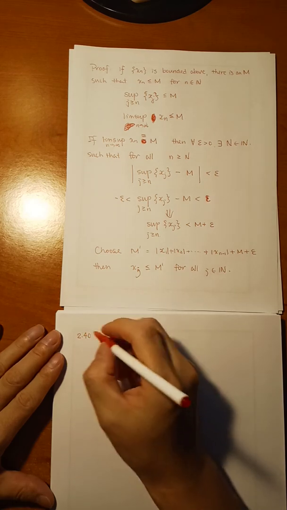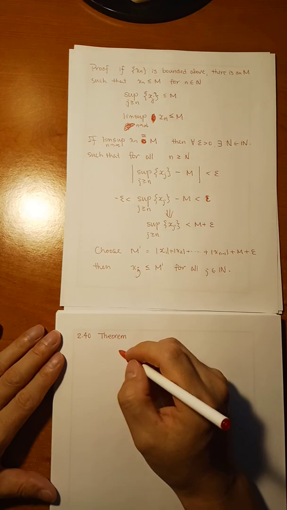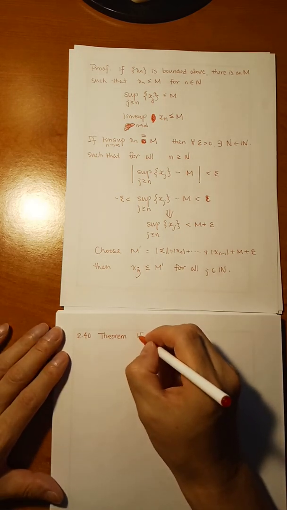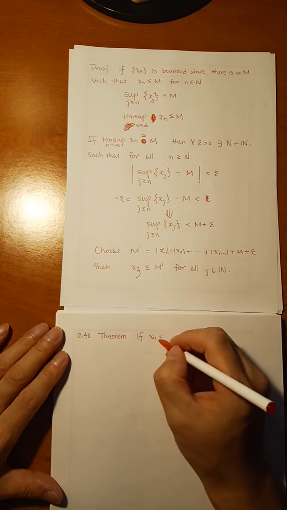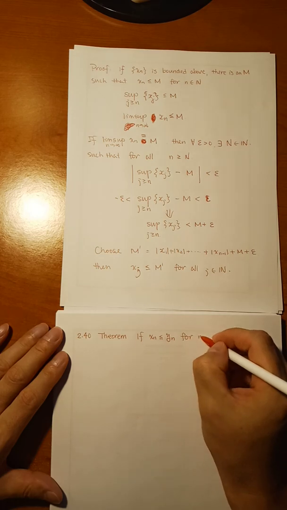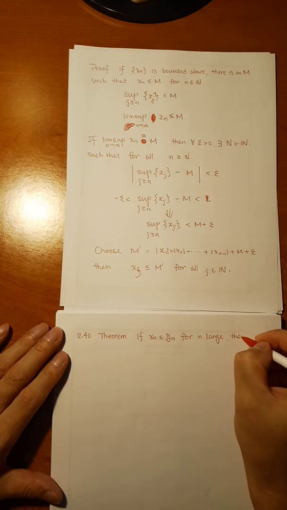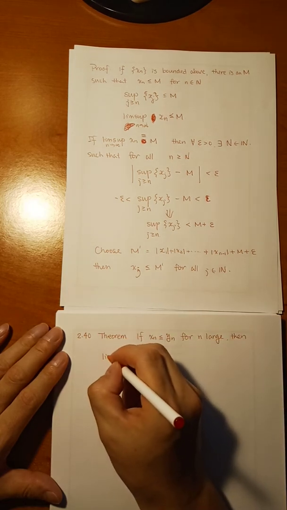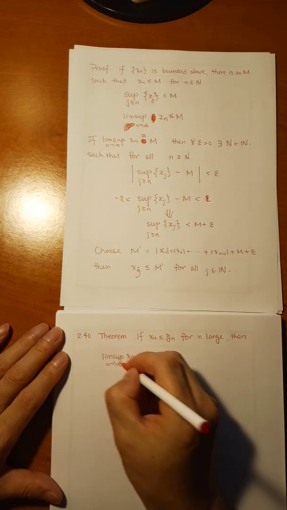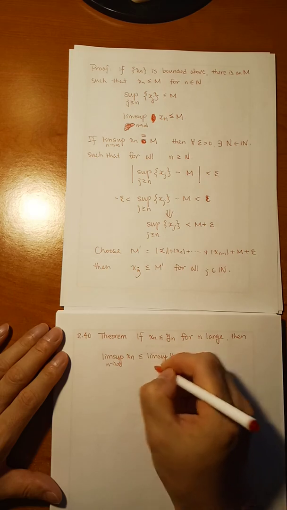The last stuff is a comparison theorem for the lim inf and the lim sup. It says if xn is less than or equal to yn for sufficiently large n, then the lim sup of xn as n approaches infinity is less than or equal to the lim sup of yn as n approaches infinity.